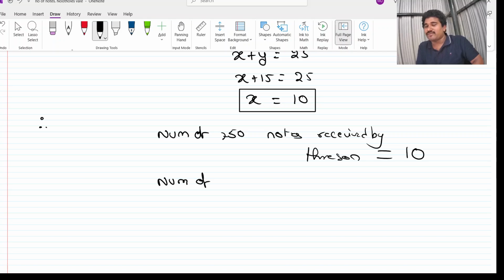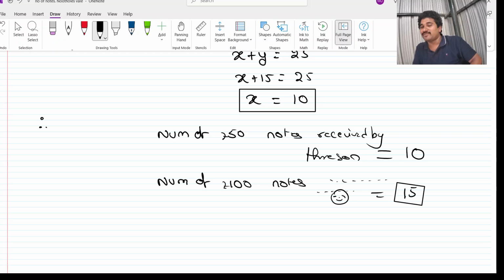Number of 100 rupee notes received by 3 sons equal to 15. This means 3 sons only. Yes, correct. Understood? I hope everybody is clear with the question, right?